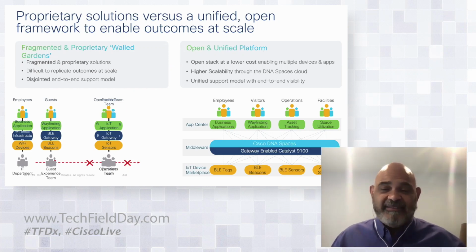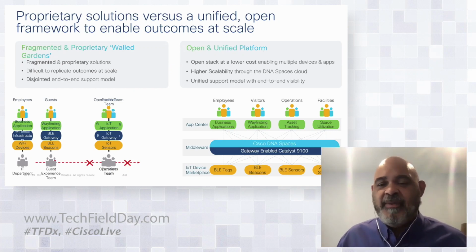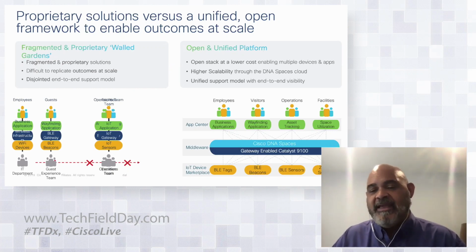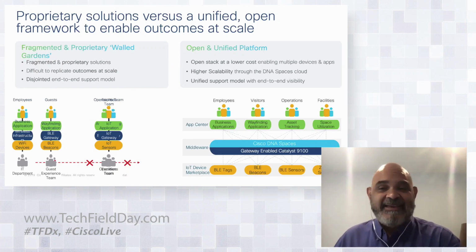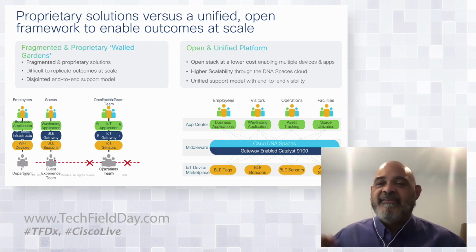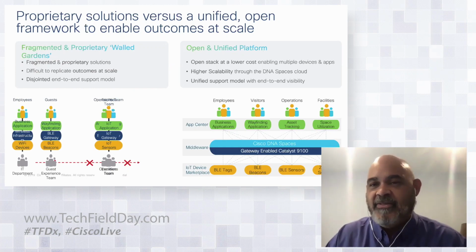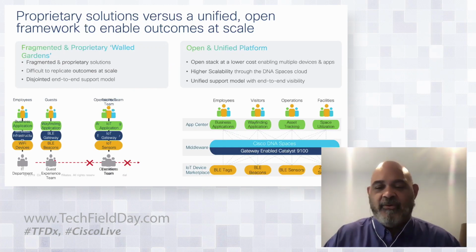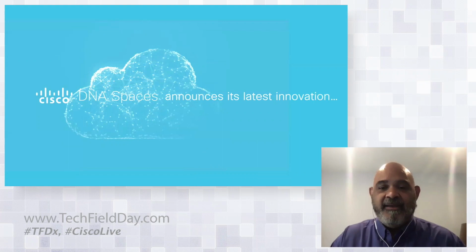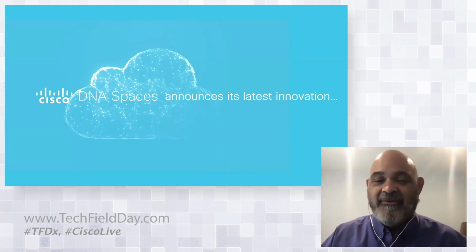So we'll detect lots and lots of BLE energy or Zigbee energy. We're going to first start with BLE and design an end-to-end solution where you could take BLE asset tags or BLE beacons, be detected by your Catalyst 9100s, normalized by DNA Spaces, and provide that data to lots of different third-party applications. So that's what is going to be happening today. That's our latest innovation that we're focusing on.